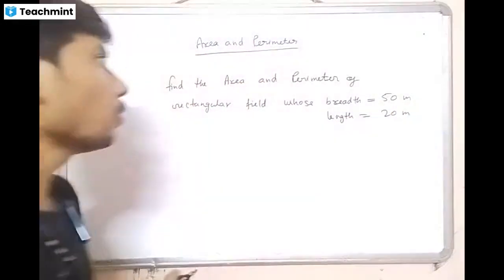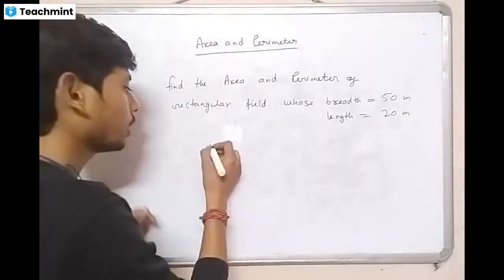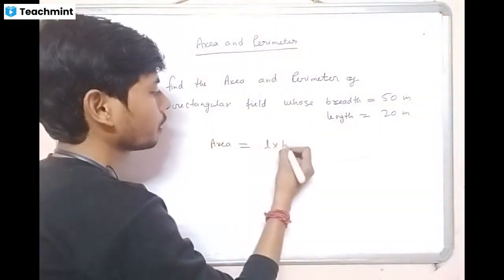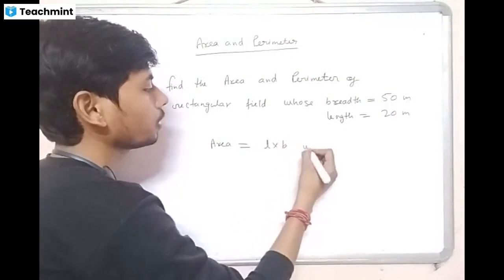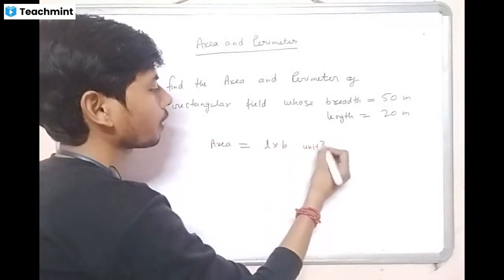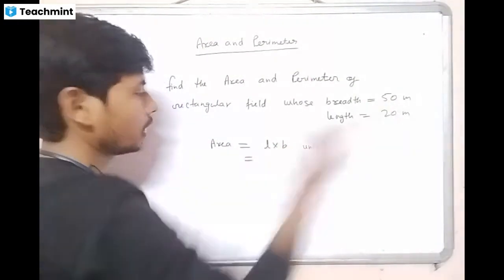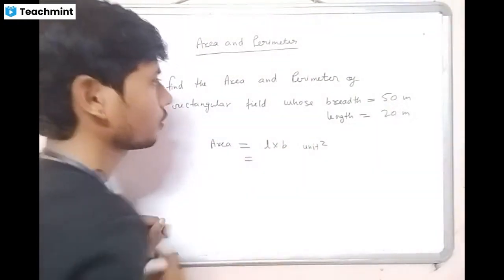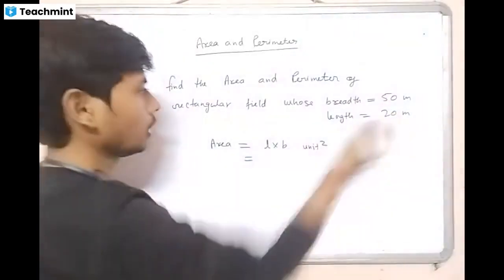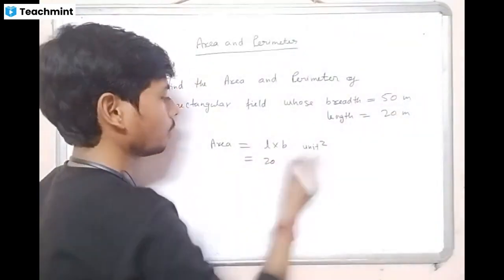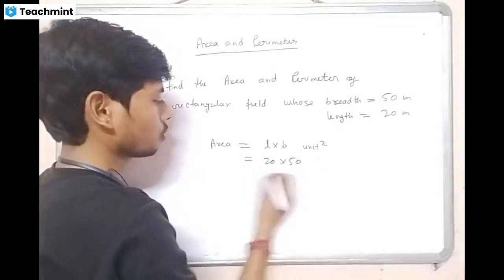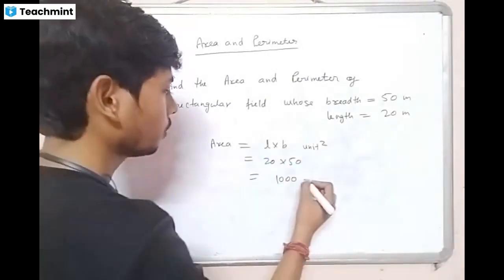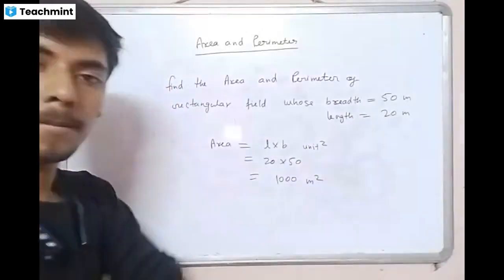I am going to find the area first. The area of a rectangle, we know very well, is L into B, that is length into breadth, and its unit is square. Length is given as 20 meters and breadth as 50 meters. When you multiply, you will get 1000 meters square.